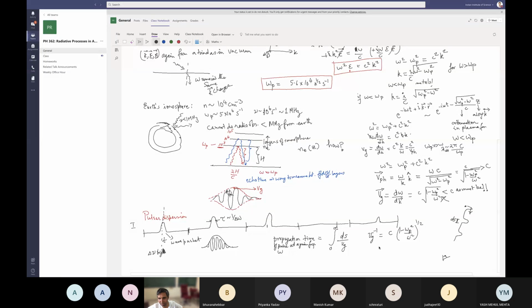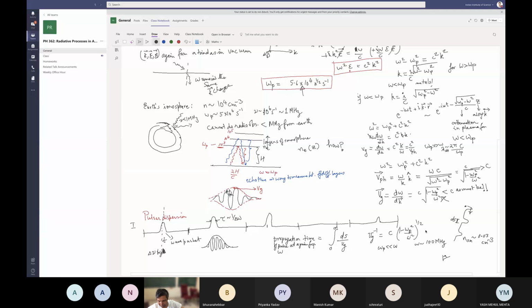Generally speaking, omega p is much less than omega, because we are measuring these at 100 megahertz, and even for a number density of 1, omega p is of order 10 to the 4, which is much smaller than megahertz. For the ISM, the electron number density is about 0.03 particles per centimeter cubed. So omega p is much less than omega.